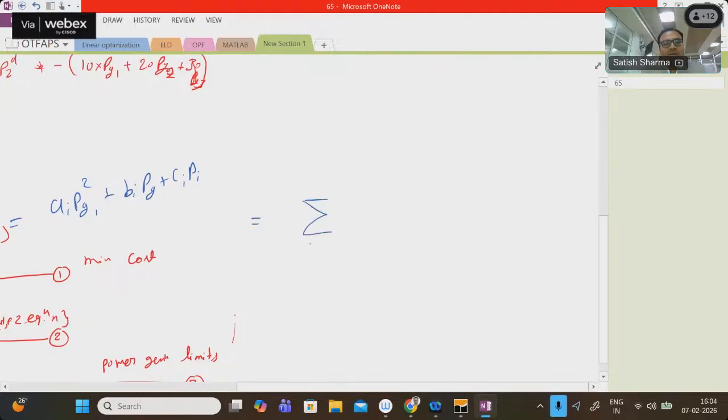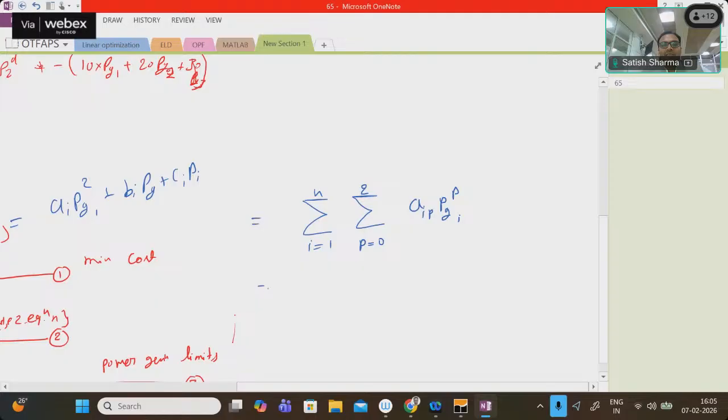summation over I equals 1 to n, and then summation over, let's say, some power equals 0 to 2. Okay, and some coefficient p, and whatever Pgi, that power p, and then respectively I is also placed.